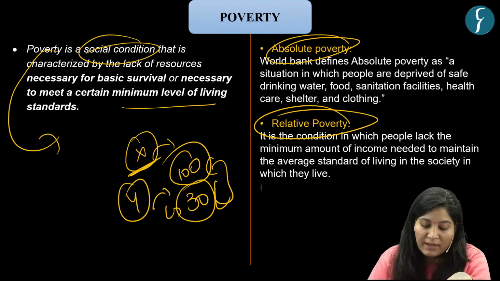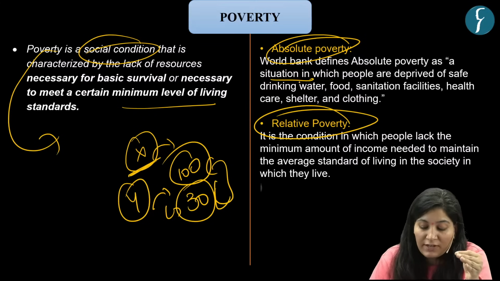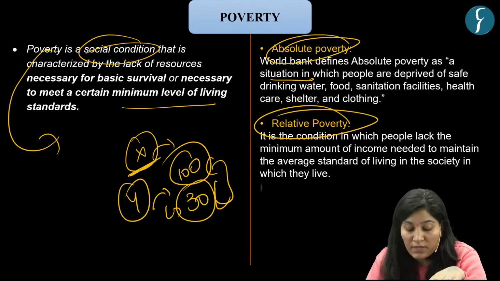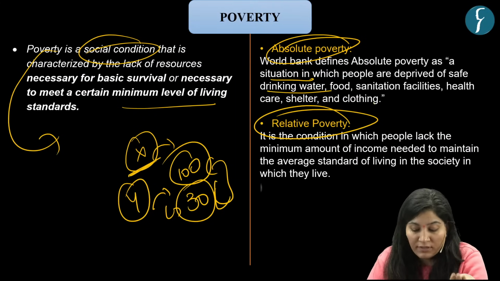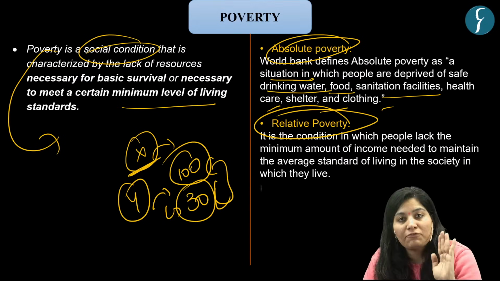So the World Bank defines absolute poverty as a situation in which people are deprived of safe drinking water, food, sanitation facilities, healthcare, shelter, clothing, roti, kapda and makan. And what is relative poverty?